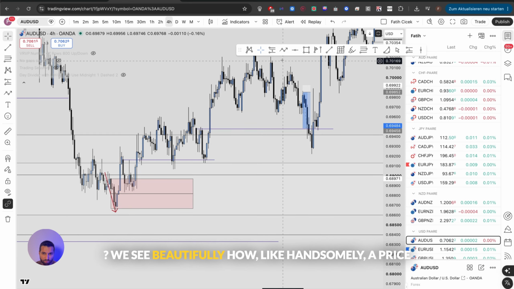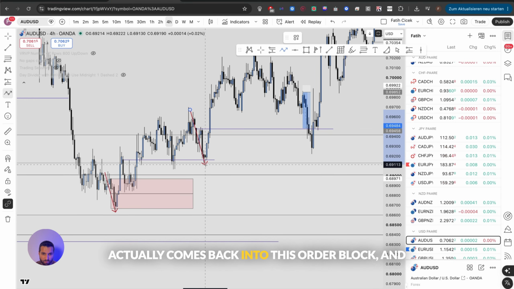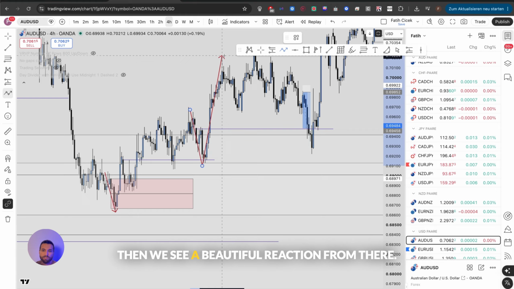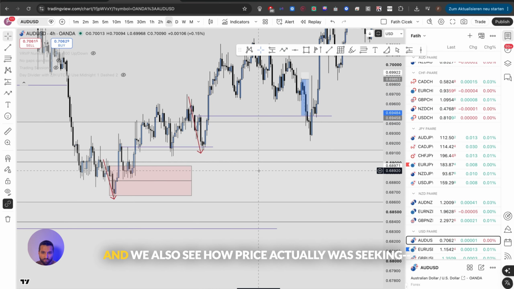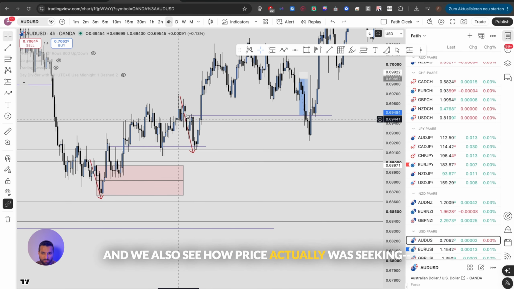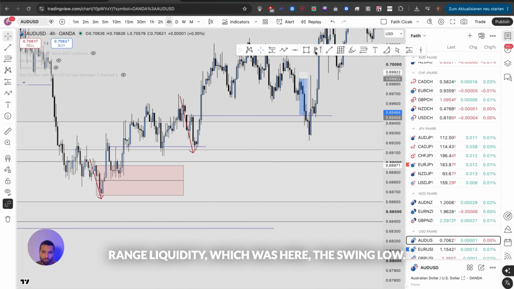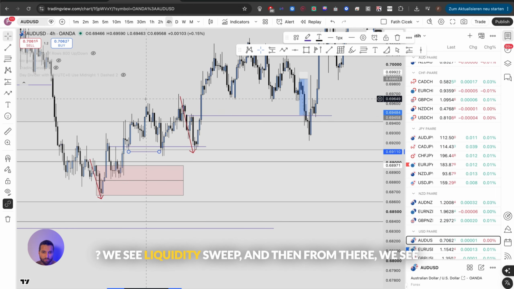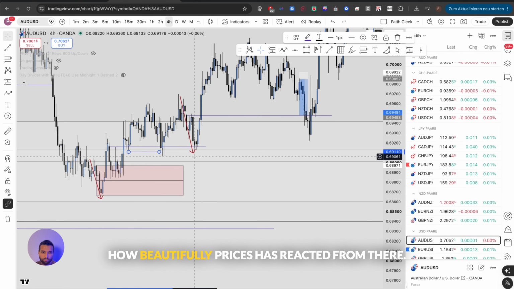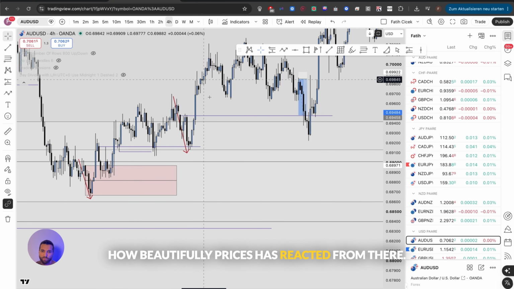We see how handsomely price comes back into this order block, and then we see a beautiful reaction from there. We also see how price grabbed the internal range liquidity, which was here, the swing low. We see the liquidity sweep, and from there we see how beautifully price has reacted.